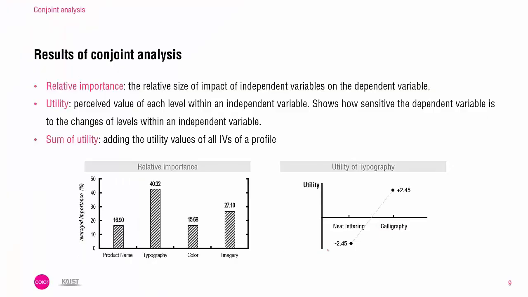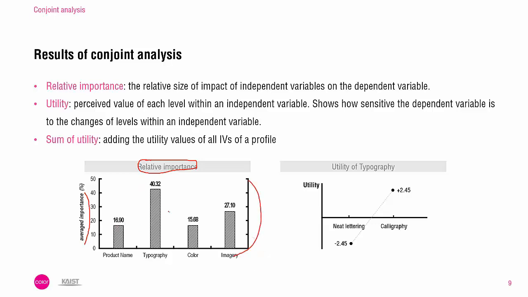Okay, coming back to the lecture slide, now we are familiar with these results. As the output of a conjoint analysis in SPSS, we get 2 categories of results. The first one is relative importance. The reason why it is called averaged importance in SPSS is that it provides us the averaged importance of each person.